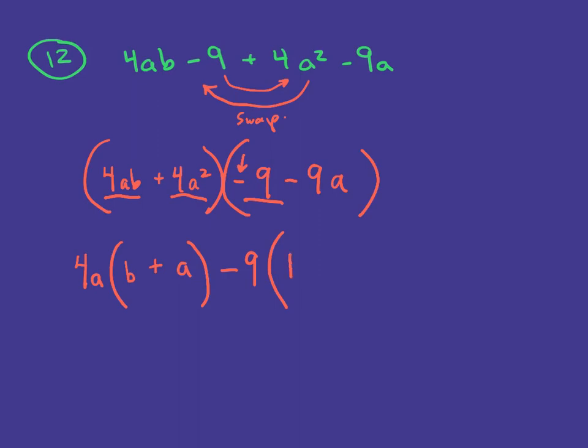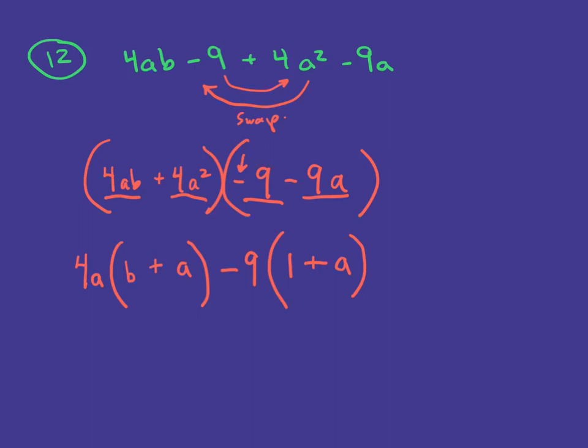But you do want to put a 1 there. This should multiply to get back there. Negative 9 times 1 does give you negative 9. And then moving on to the next one, negative 9 divided by negative 9 is actually positive 1. And we've got the a there.